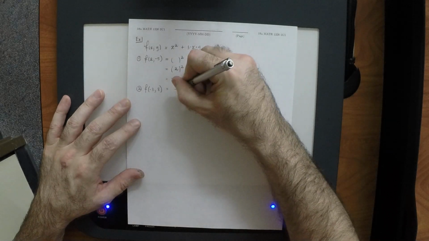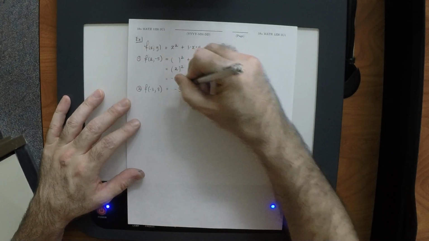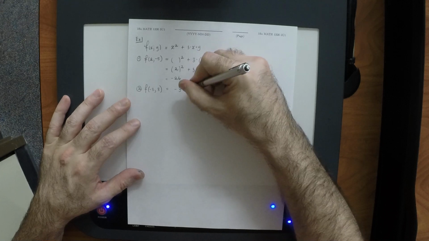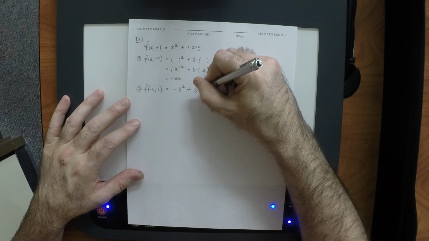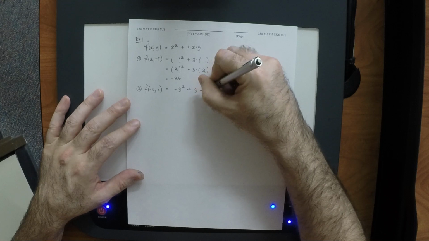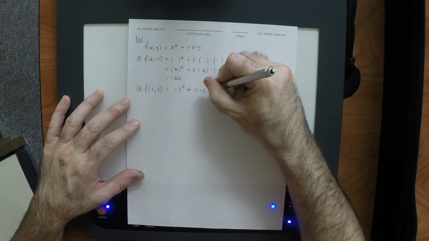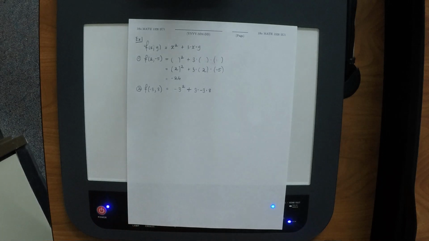So negative 3 squared, plus 3 multiply negative 3 multiply 8. Okay, so what I did is I more or less just didn't write the parentheses. Now this is actually incorrect. This is wrong. Now what's wrong about it?